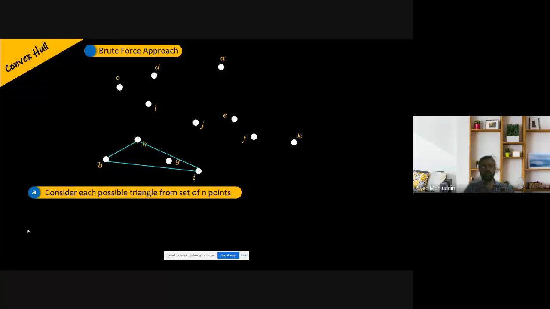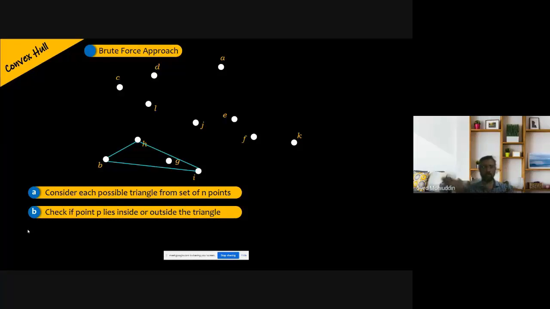So we can start from any 3 points. Let us assume that we have the points B, H, and I. Now this forms a triangle. Now if a point lies within this triangle, that means that's not an outer point. It's not an outer vertex. It's an inner vertex.